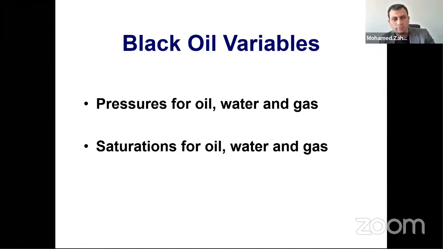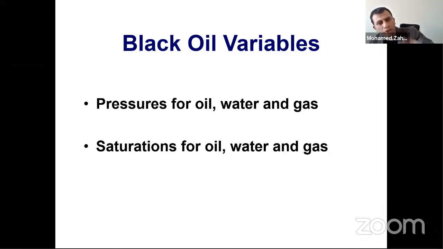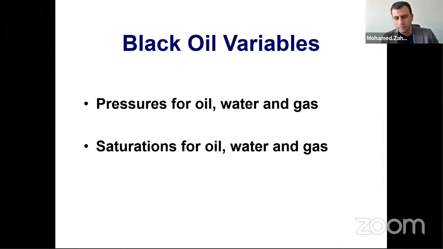This reservoir is kilometers, so you need to know the pressure everywhere. At any point in this reservoir, you need to know two things: pressure and saturation. Pressure for oil, water, and gas.